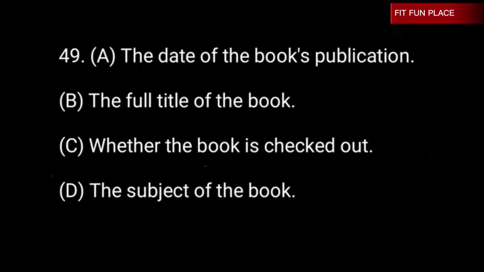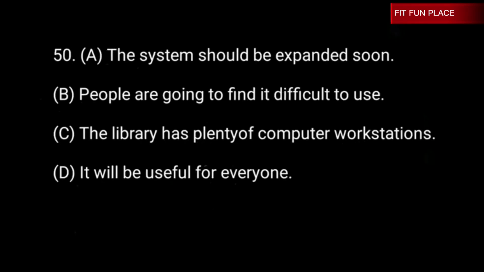Number 49. What new information is available on the computerized system that was not available in the card catalog? Number 50. What does the speaker think of the new equipment?